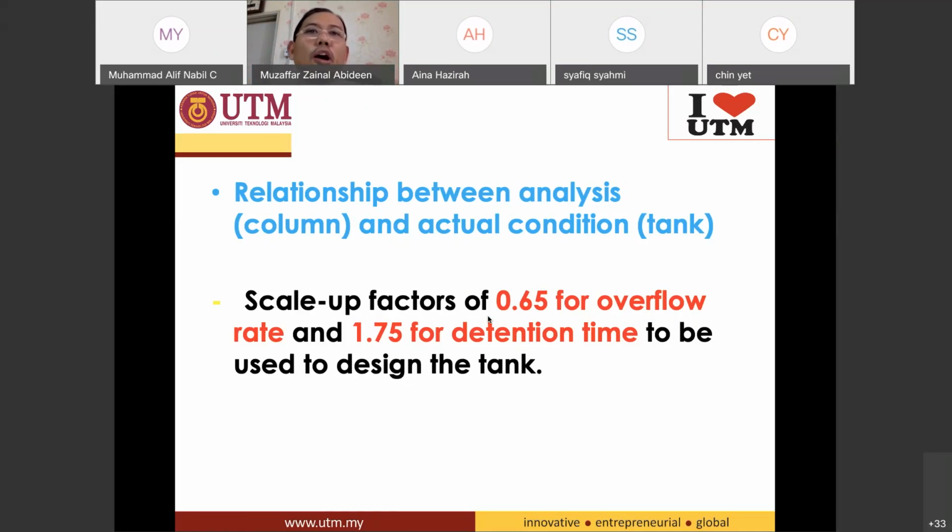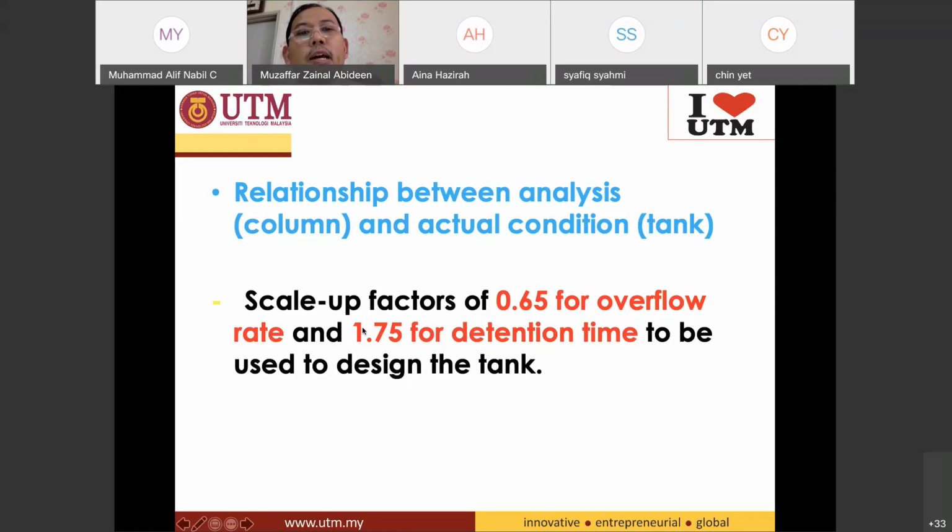Okay, so not 0.15 meter per minute, but 0.0975. Or in other words, the detention time in our settling column, it says that when you have 10 minutes, you can remove 77.5% of particles. But you have to times with the detention time scale up factor for the real tank, okay, which is 10 times 1.75.